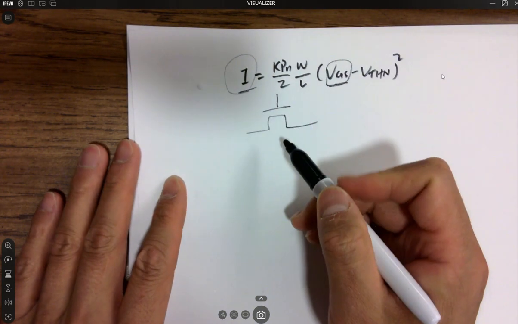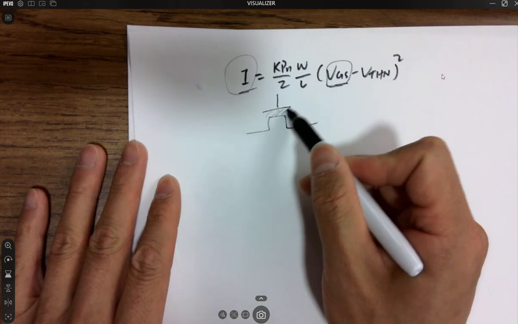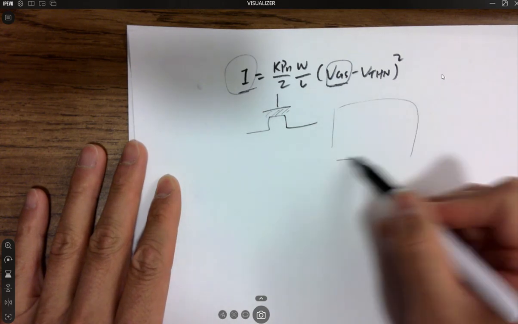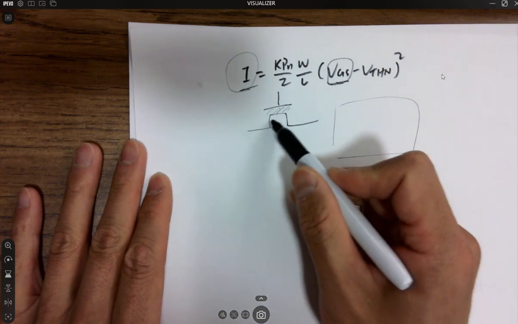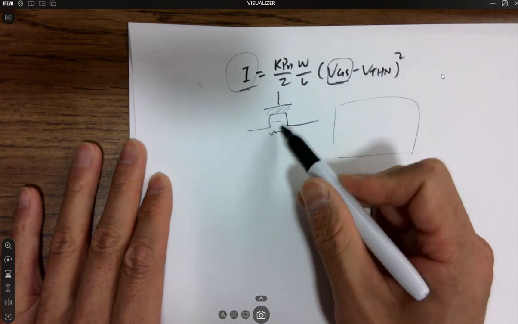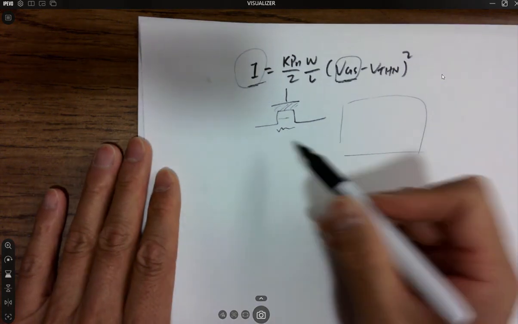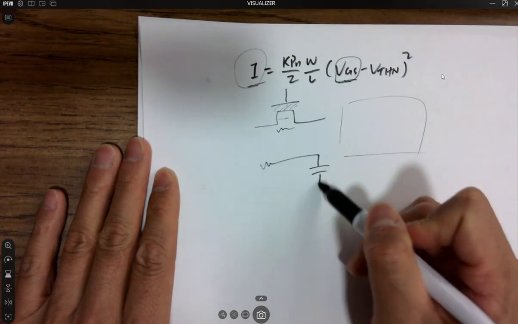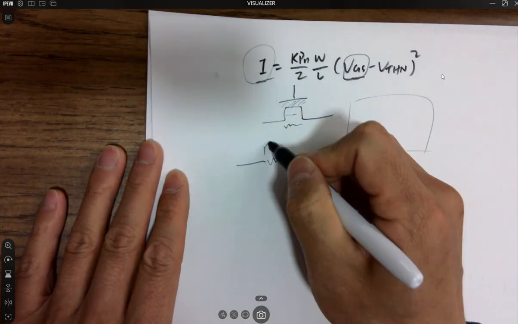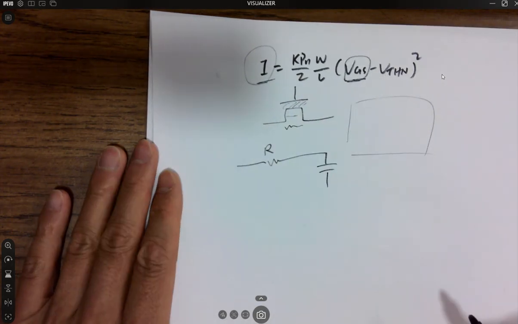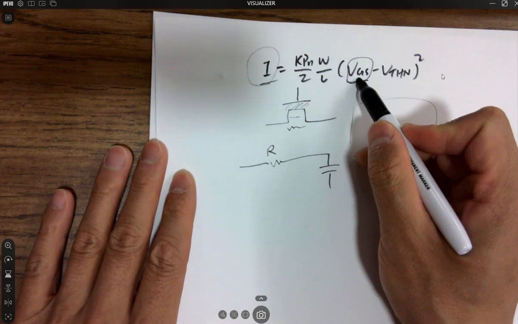So we can model the transistor, because there's parasitic capacitance and all the rest of the circuit has capacitors. The channel itself has a resistance as well, and there are the N-wells, which have parasitic capacitance as well. So you can model everything like an RC circuit, right? And R is going to be changing if VGS is changing.